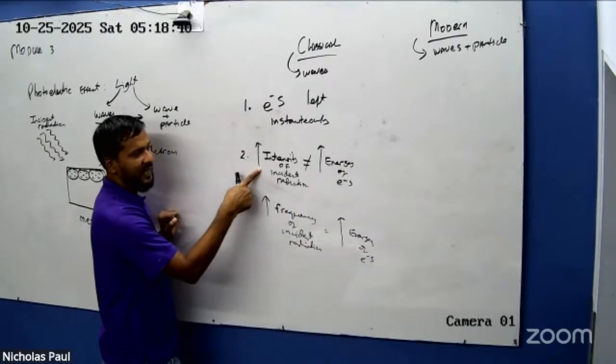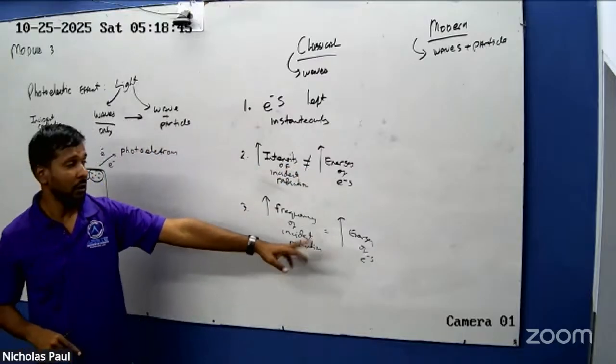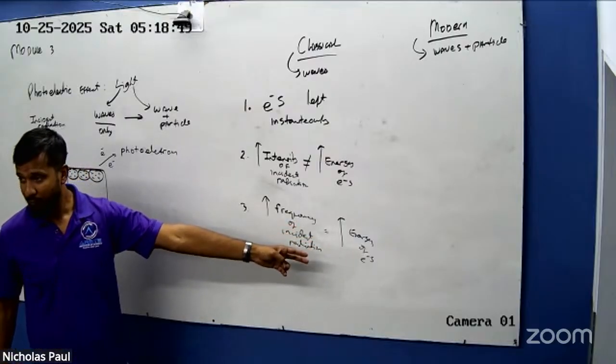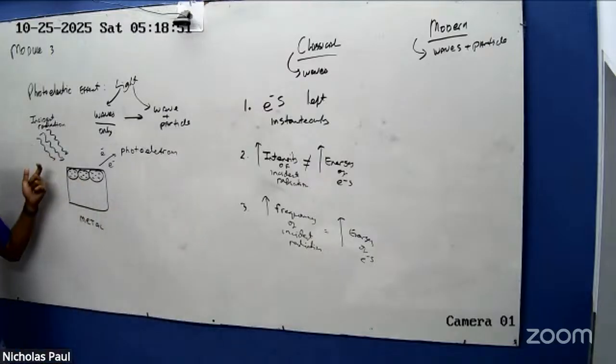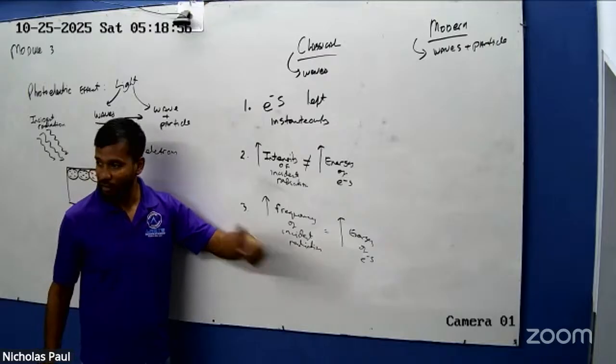So intensity, no effect. Frequency, the required effect. Are you okay with that? So by changing the frequency of these waves, they recognized that the energy of the electron went up.